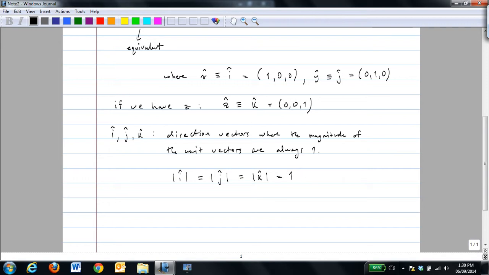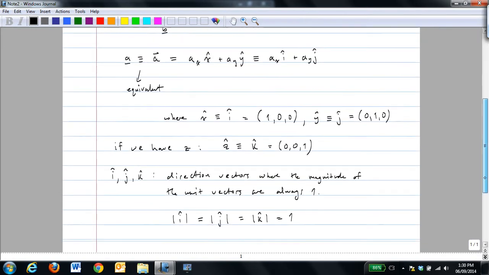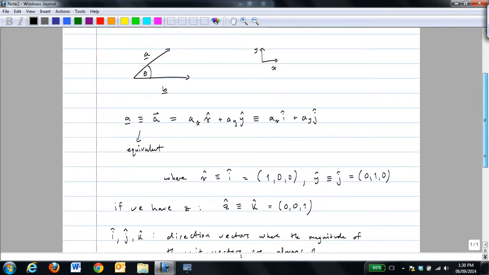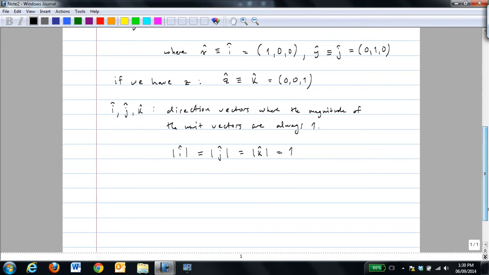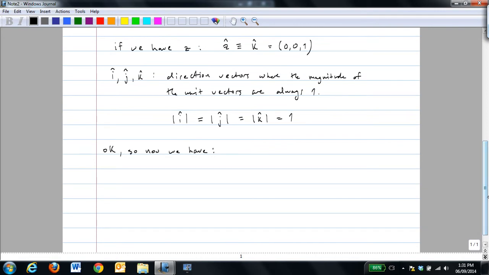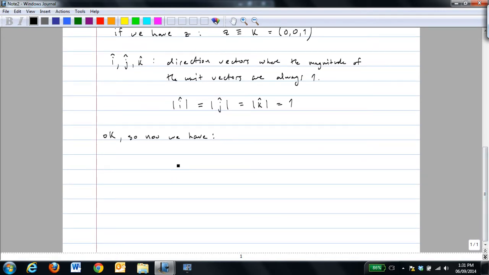Going back to our vectors that I drew above. We have A, which equals the x component times x hat plus the y component times y hat.